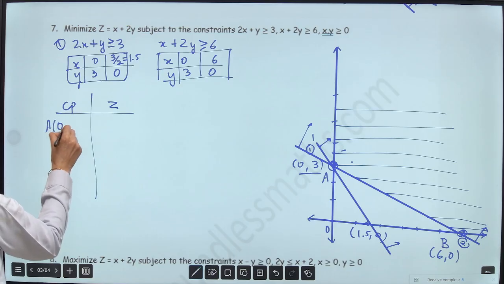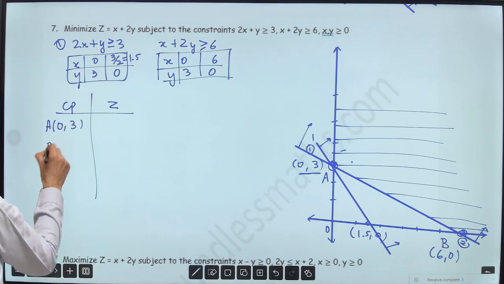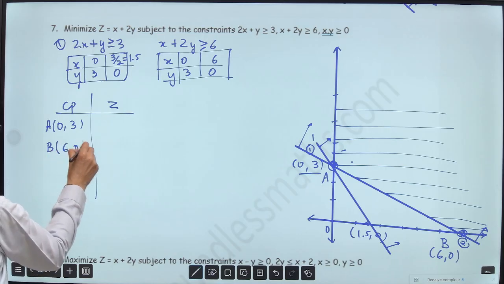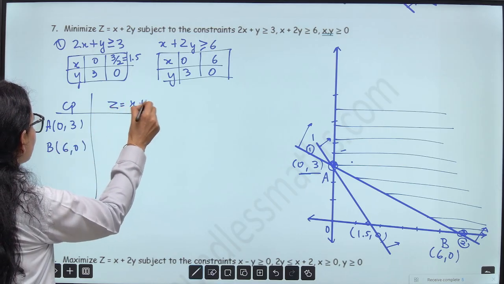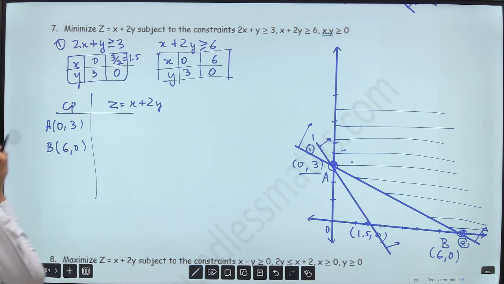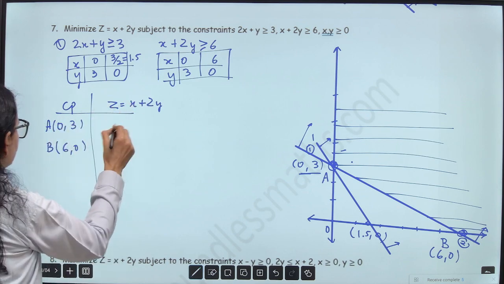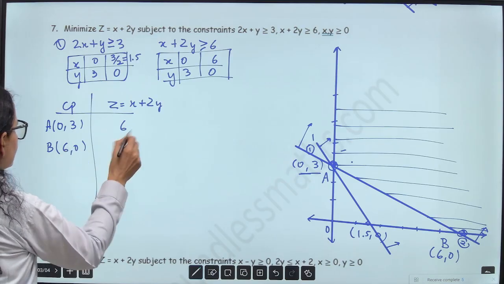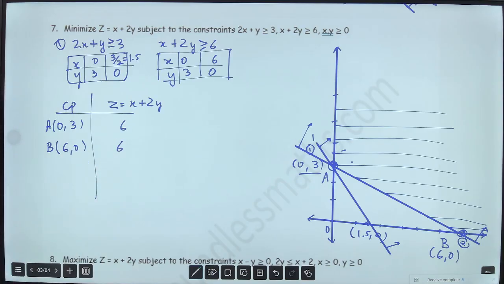Point A is 0, 3 and point B is 6, 0. Objective function is x plus 2y. At 0, 3 it is 6, and at 6, 0 it is 6. So that means the value of the objective function is the same at both these points. At A also and at B also you got the same value.